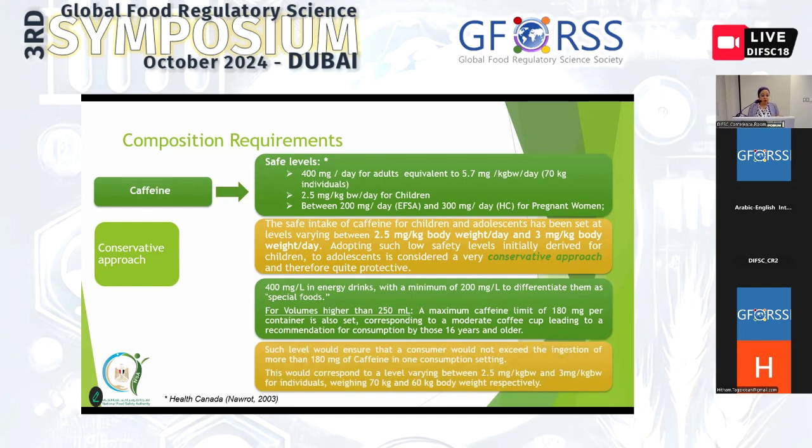Such a level would ensure that a consumer would not exceed the ingestion of more than 100 milligrams of caffeine in one consumption setting, and this would correspond to a level varying between 2.5 milligrams per kilogram body weight up to 3 milligrams per kilogram body weight for somebody weighing between 70 and 60 kilograms.